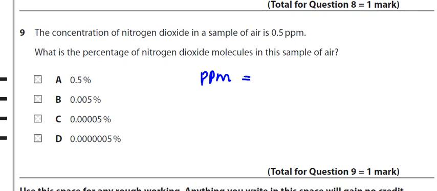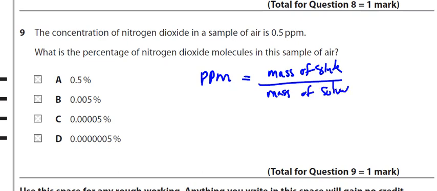That is a way of expressing the concentration in which the substance is present in minute, trace amounts. So the ppm equation is the volume or the mass of solute over the mass of solvent or the volume of solvent, multiplied by 1 million, right? So the ppm value is given here as 0.5.